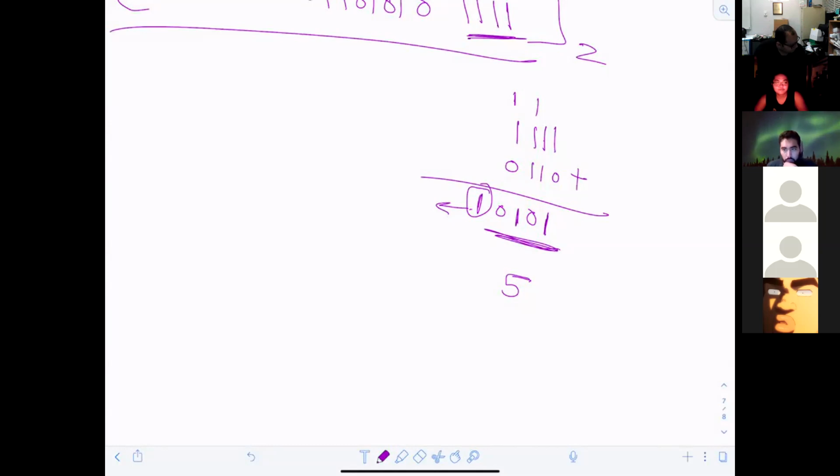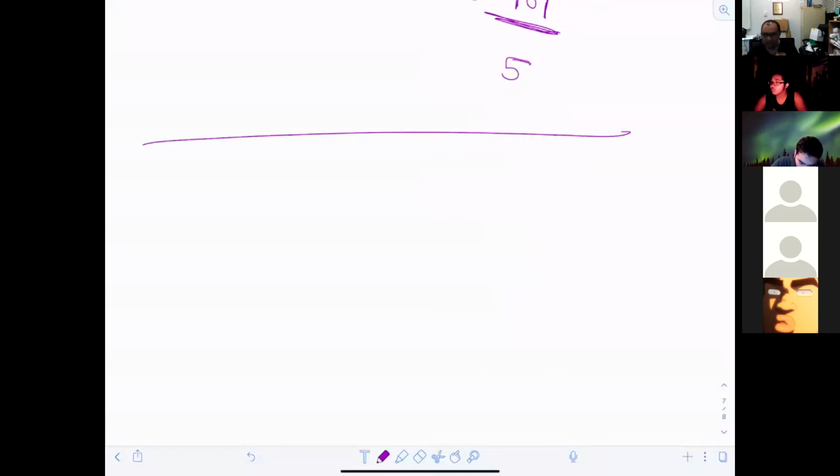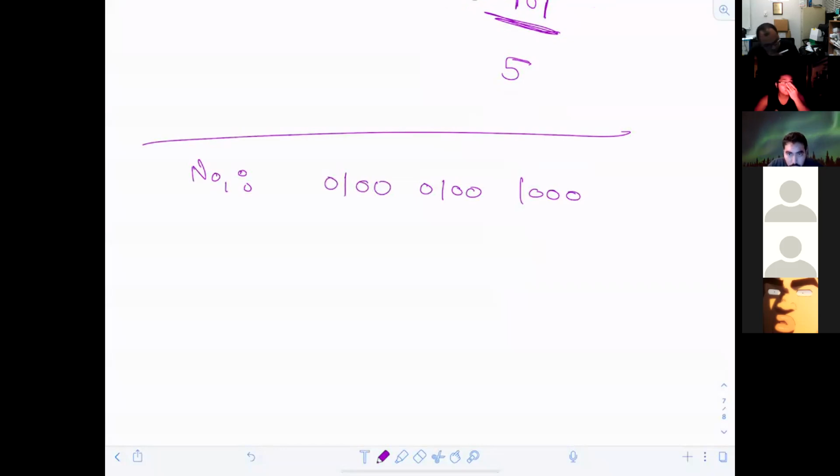So let me find you a very good example. It's a very lovely example. This example is weird, okay? Why is it weird? Because it's saying the following. I have two numbers. Number 1, the value of it is 1 1 1 1 0 0 1 0, and then 0 0 1 0.